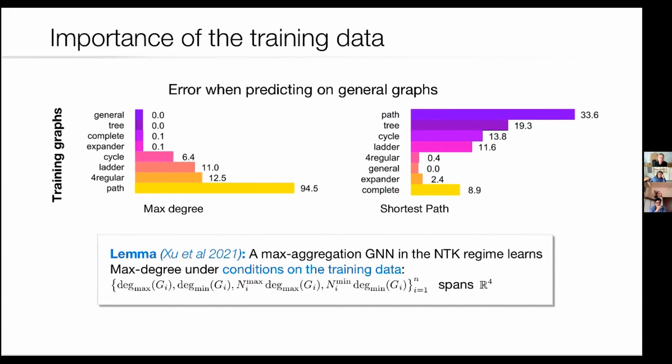This constraint essentially says that in your data set there should be enough variety in the minimum and maximum degrees in the graphs and how they occur. This goes back to the fact that you need enough directional support to learn the correct ReLU functions.